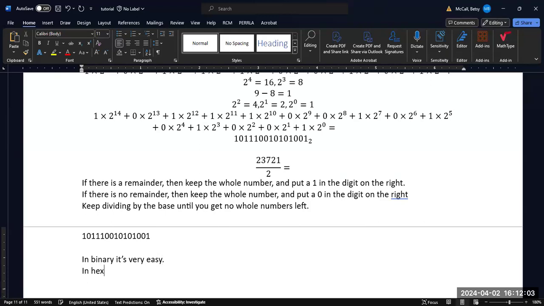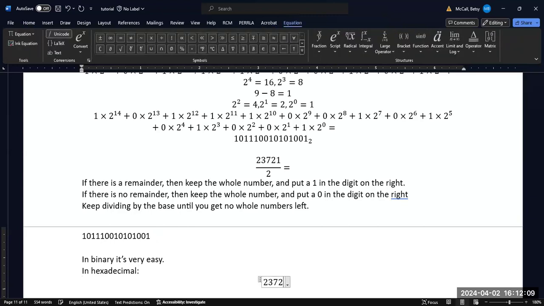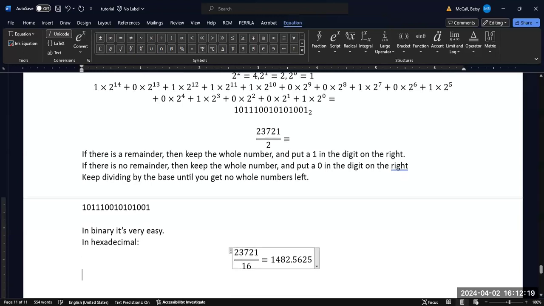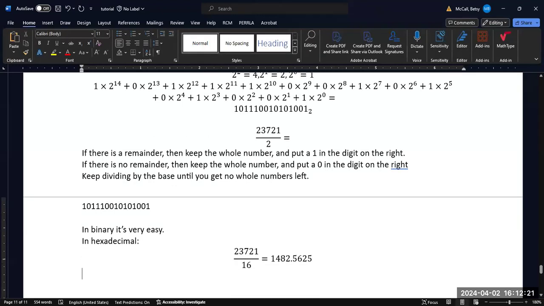In hex, 23,721 divided by 16, I get 1482.5625. Now, what I need to know is what that 0.5625 stands for as a remainder.